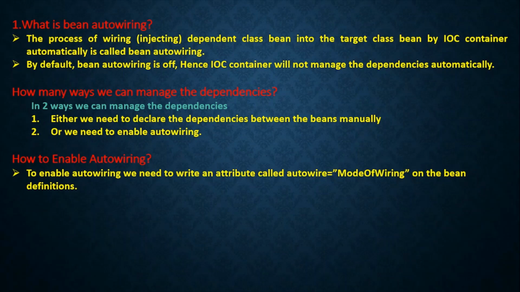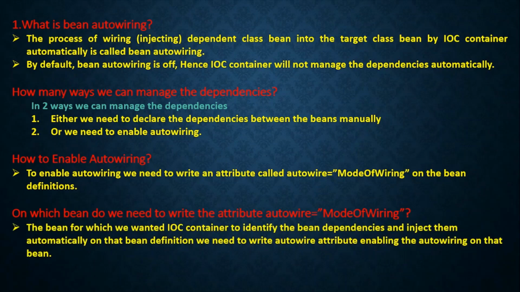Just understand what is what. If we are enabling autowiring, we have two kinds of beans, one is the dependent and one is the target class. On which bean are we going to write the autowire mode? That is a question.